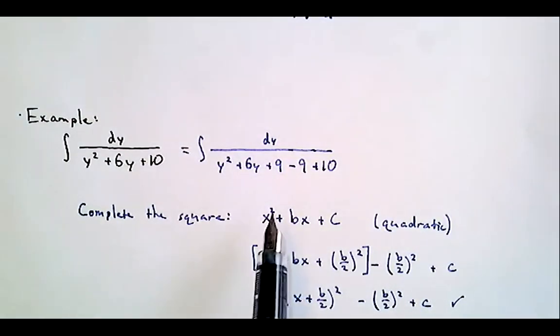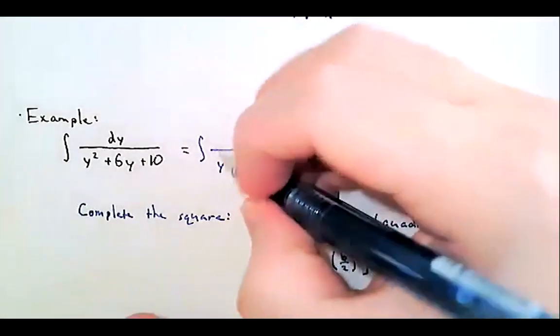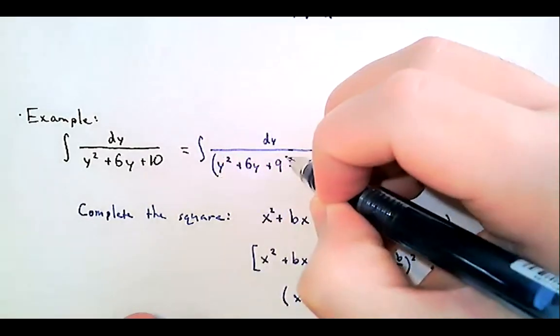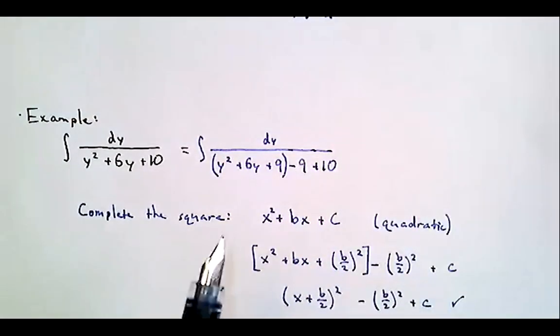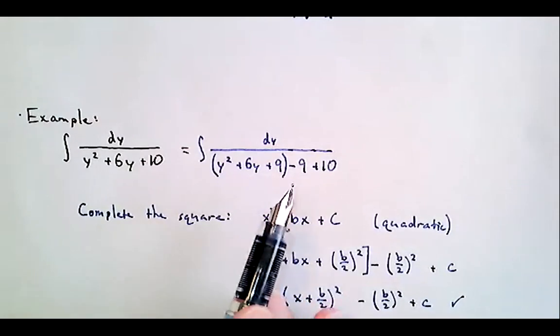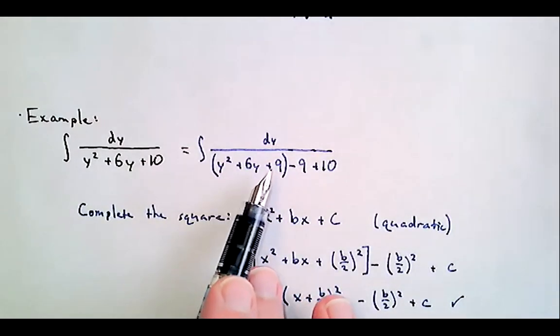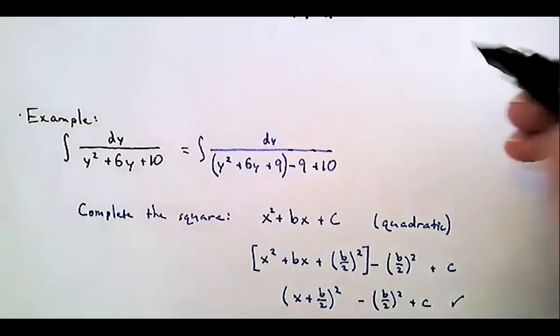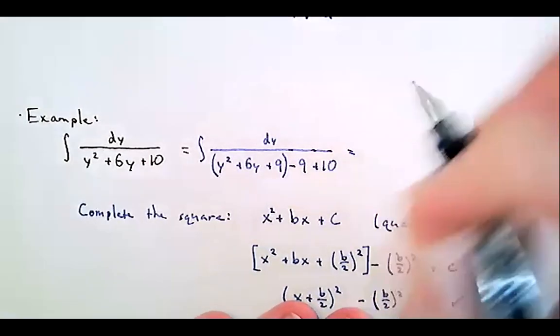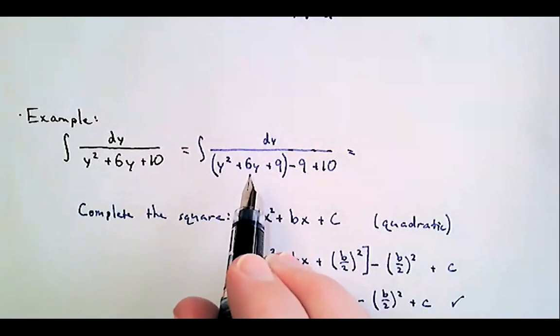Okay. And then we do the grouping. We group the first 3 terms together, y squared plus 6y plus 9. And this is something that you should recognize as a perfect square from your algebra days. This is actually just y plus 3 squared, right?